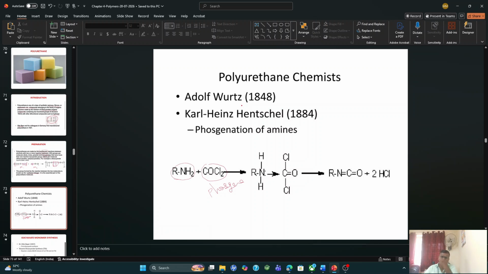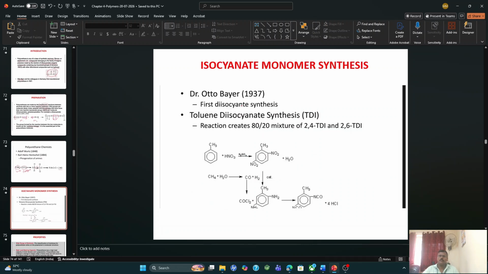When these two react, we know that the amine is a base and nitrogen has a lone pair. This lone pair will form a bond towards the COCl, and then there is elimination of the byproduct hydrochloric acid. You can see here RNCO, there is a double bond. 2HCl will be eliminated.